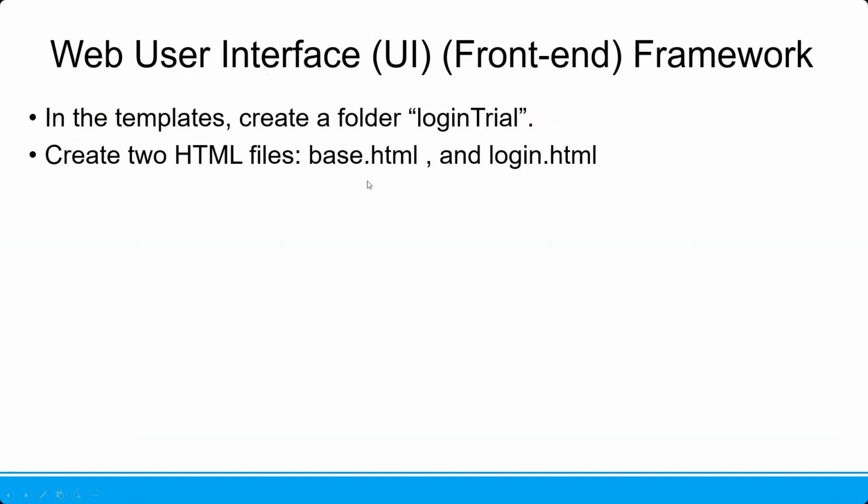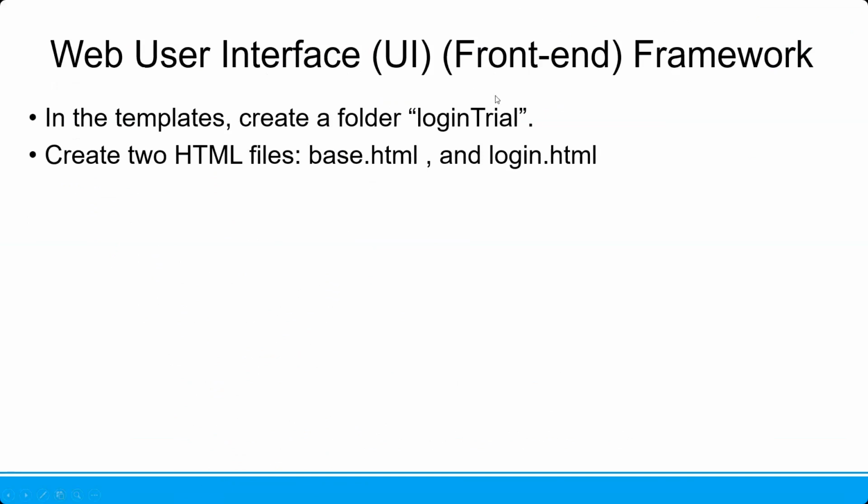Okay, now let's create this. Login trial. Let's make a login trial. Okay, this is just a trial. You cannot access the data because we are not creating any database. So just make the front end.